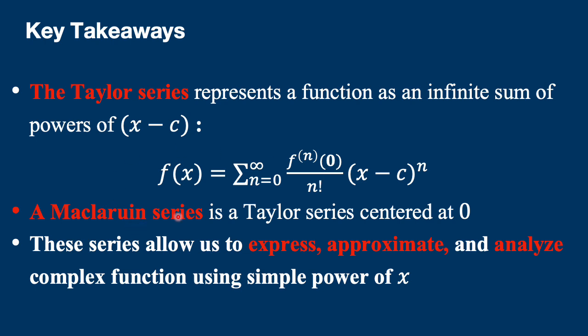A Maclaurin series is a power series whose center is 0, right? Then this series will allow us to express, approximate, and analyze complex functions like sine, cosine, and exponential functions by using simple powers of x.